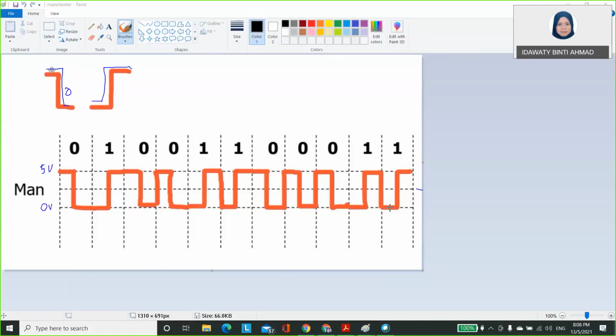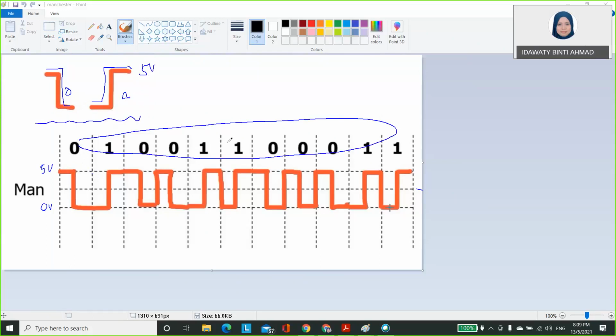This is the way you represent the waveform, and translate all the bits here into a waveform by letting the voltage represent them. If 0, it means that it goes from 5 to 0 volts. If 1, it goes from 0 to 5 volts. If you use this, then you can represent these bits as a digital signal. That is what Manchester code is.